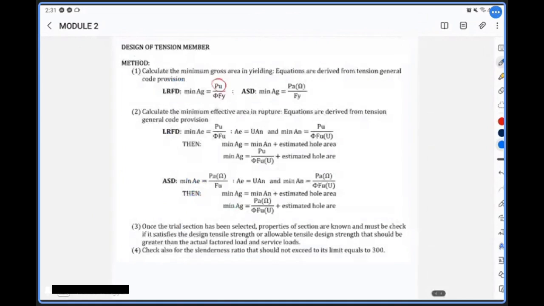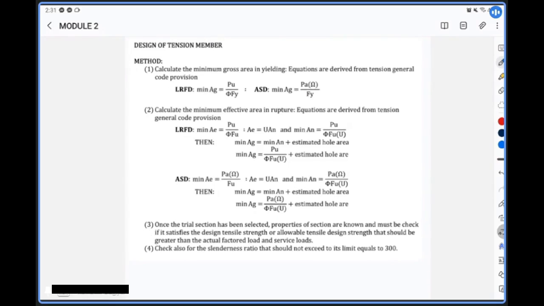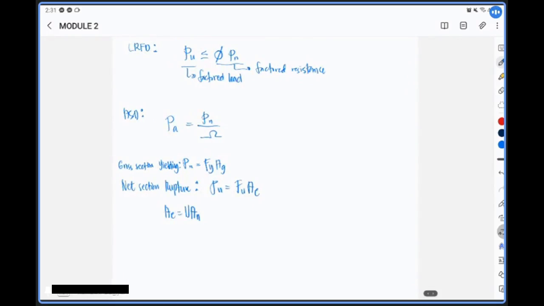So now, for the computation of the minimum gross sectional area, it comes from here. Since for gross section area, for LRFD, it's P sub U less than or equal to phi P sub N. So that P sub U, divided by the reduction factor phi, is less than or equal to, what's P sub N? Fy Ag.